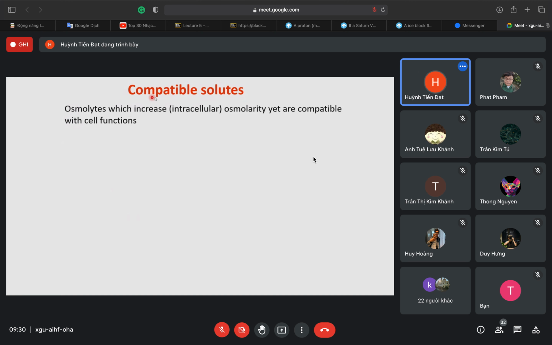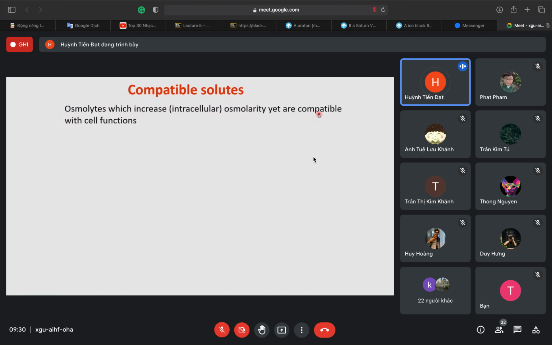But there are some compatible solutes with a special effect. They are osmolytes, like electrolytes. We increase the intracellular osmolarity, which means the cell can resist lower water activity.